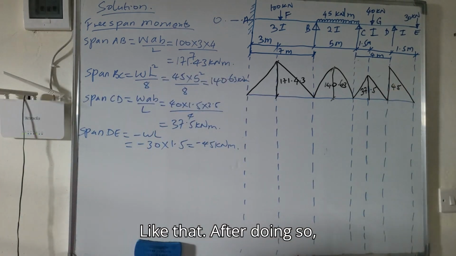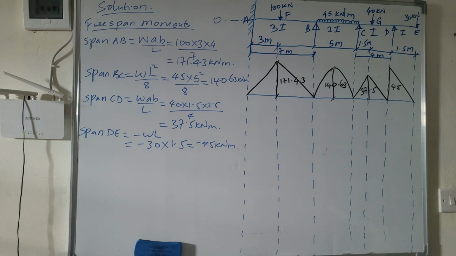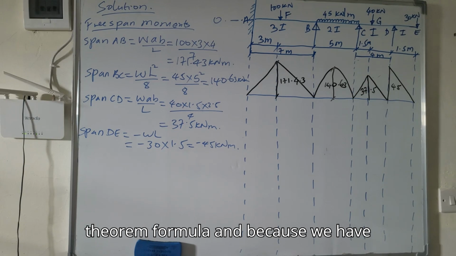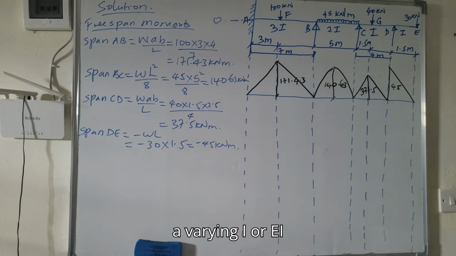After doing so, our next thing is to apply the three-moment theorem formula. Because we have a varying I or EI, we will use our second formula of the three-moment theorem.